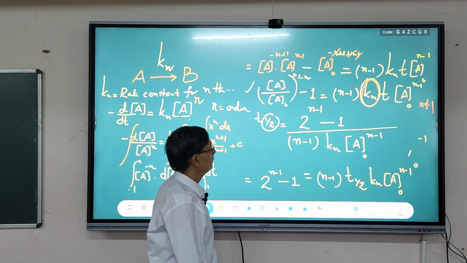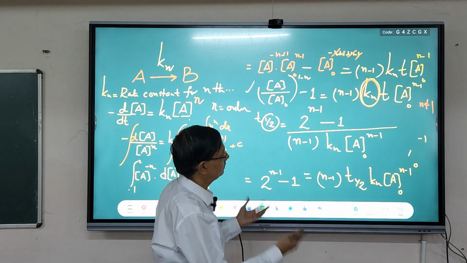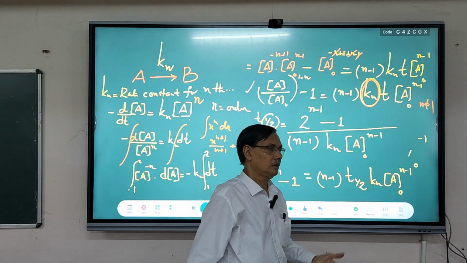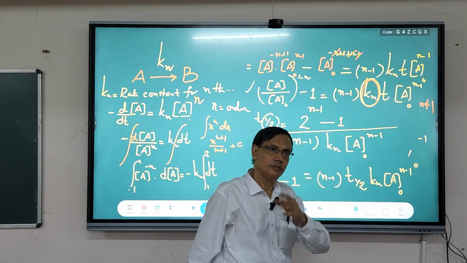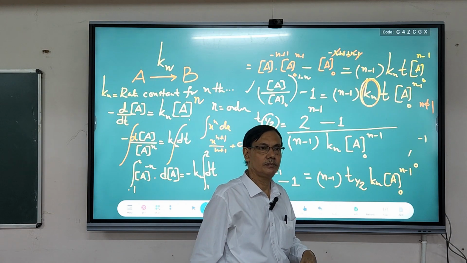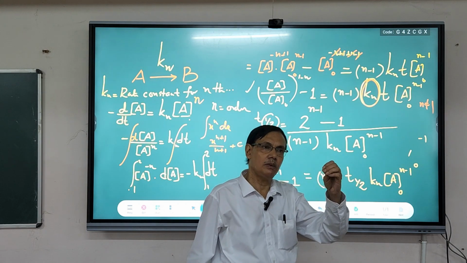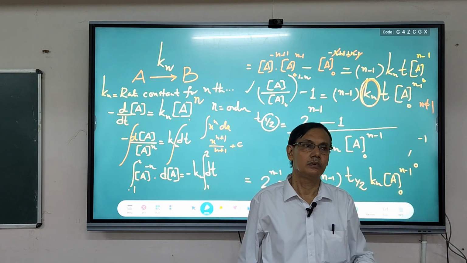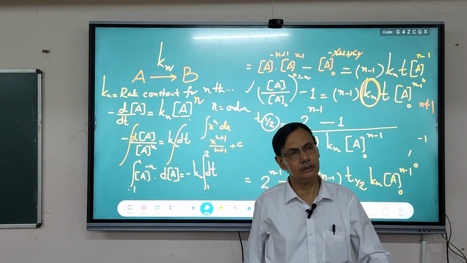So for that you have to plot a graph, and suppose you are performing one experiment. Say for example, decomposition of hydrogen peroxide, you are also doing in your practical classes.